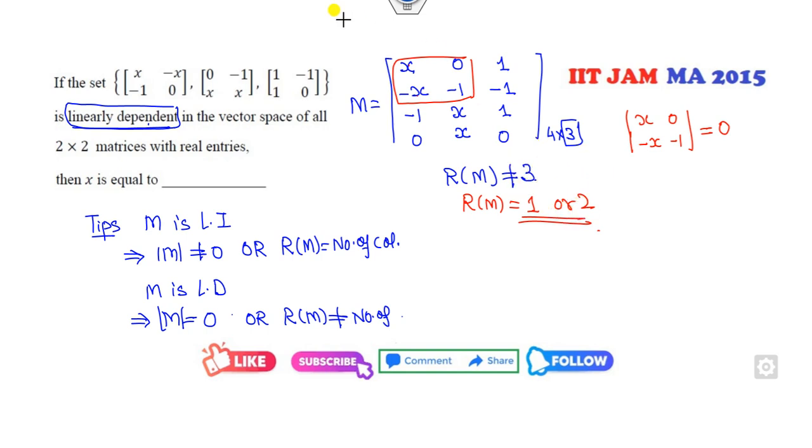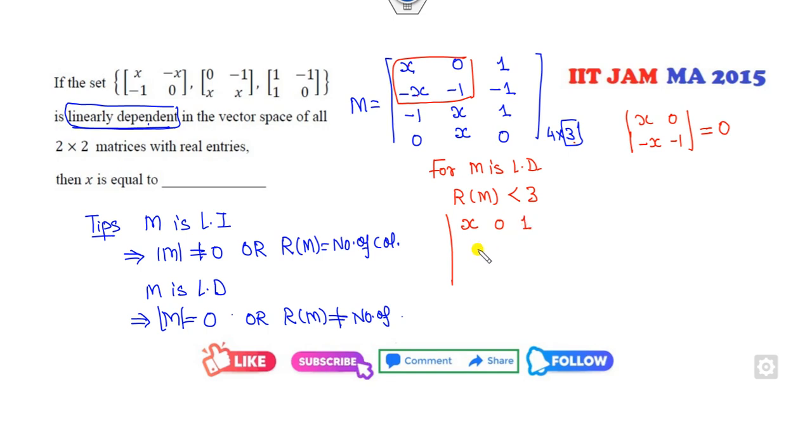So for the LD, because M is my LD, the rank of M should be less than the 3 column vectors. It means you can take any 3 cross 3 matrix, and the determinant should be 0.